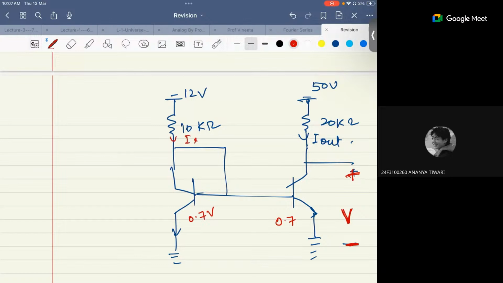What is the current I reference? 1.13 milliampere, 1.13. Minus 12 plus 1.13. Okay. So here also I out will be 1.13.